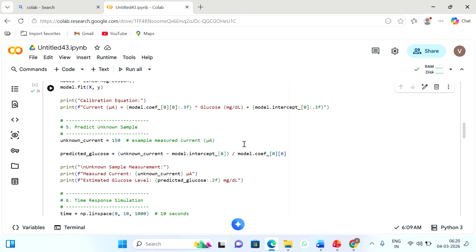Suppose the sensor measures 150 microampere, then we can reverse the equation C = (I - b) / m, and then predicted_glucose is equal to (unknown_current - intercept) divided by slope. This estimates the blood glucose level, and this is how glucometers calculate glucose from measured current.